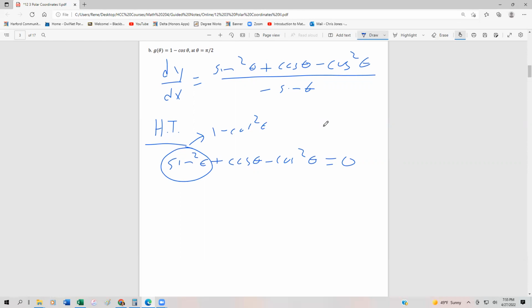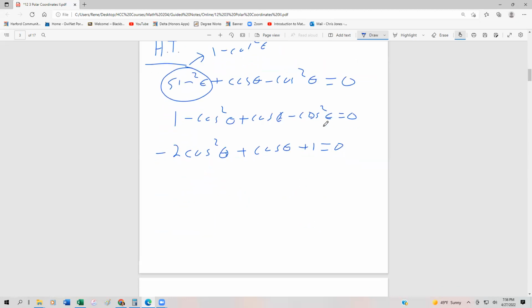Now I get a new equation, and I can rewrite this as 1 minus cos squared theta plus cos theta minus cos squared of theta equals 0, or -2 cos squared theta plus cos theta plus 1 equals 0, or if I multiply through by -1, 2 cos squared theta minus cos theta minus 1 equals 0.